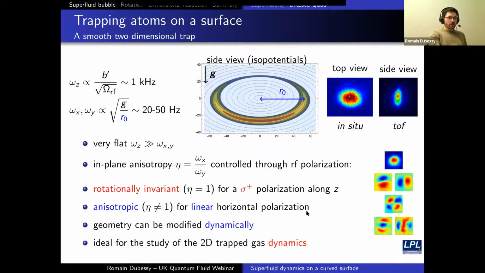And we have used this trap to study, for example, two-dimensional dynamics of a condensate in this system. For example, we have evidenced the collective modes that can occur in the dynamics, so the oscillation modes and the compression and scissors modes in the system.